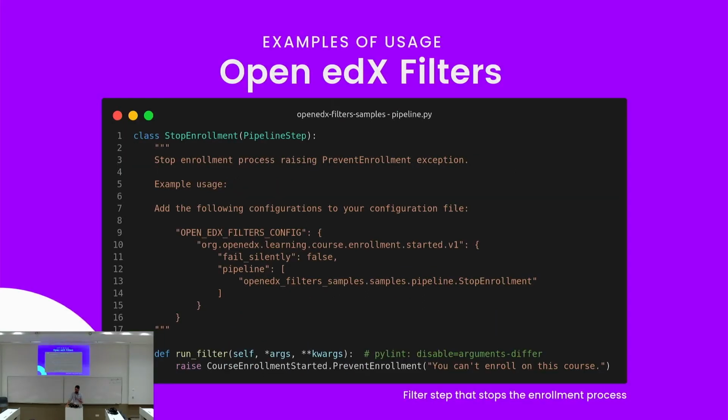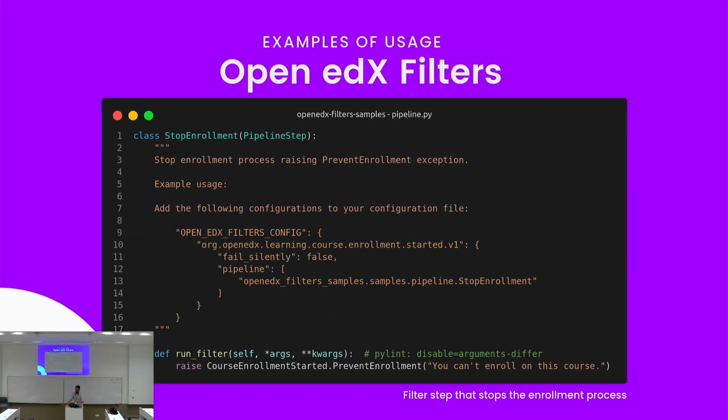So the code I would have to write as an extension developer is this. I say I'm going to make a pipeline step, it's called stop enrollment, and when it runs, I want to raise the exception prevent enrollment. That means no single enrollment could happen in this platform whatsoever if this is activated.